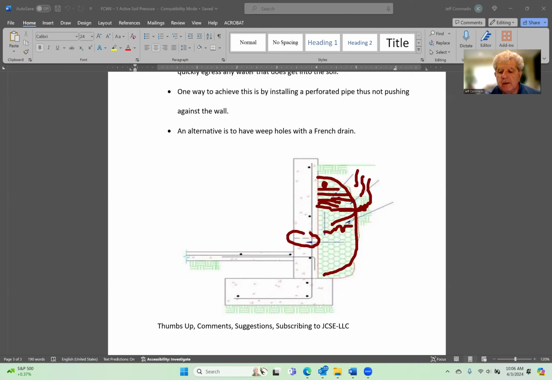It'll freely flow against the wall, freely flow down, and freely get out through those weep holes. So that's the value of the French drain. Okay, two methods to keep the active pressure on your retaining wall free of water surcharge. Okay, all right, real good, guys.